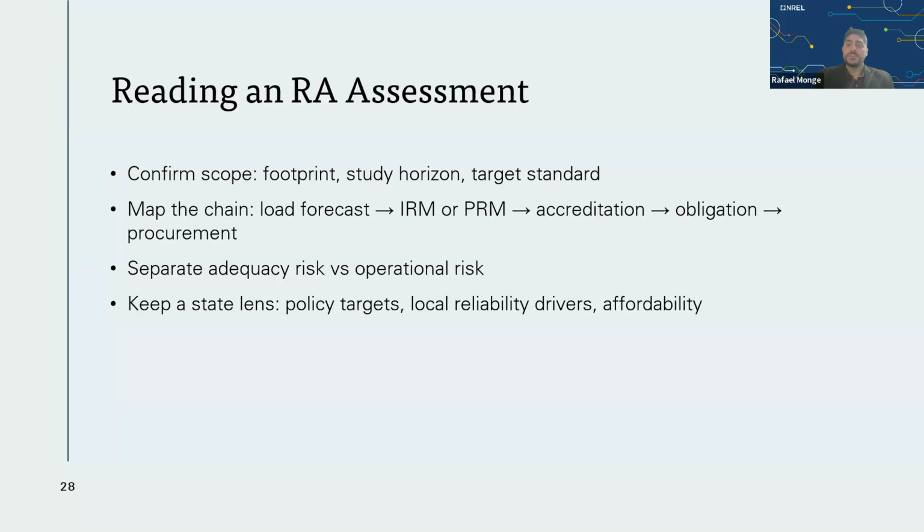Check alignment with policy goals, local reliability drivers like winter risk or data center growth, and affordability. If fuel deliverability, long duration storage behavior, or transmission outages are outside scope, flag them for follow-up.